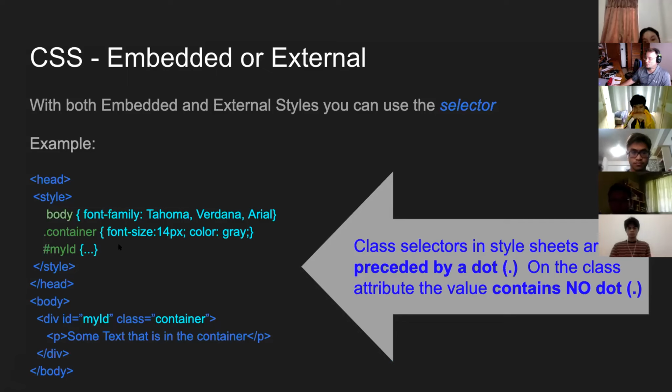These selectors are used to specify what parts of the page are styled. Class selectors are always preceded with a dot. For example, down here I have a class called container. In the CSS, it's always preceded with the dot. If I have an ID, my ID is always referenced with that hashtag or pound sign, whatever, depending on how old you are. That's what you would call that. All right.